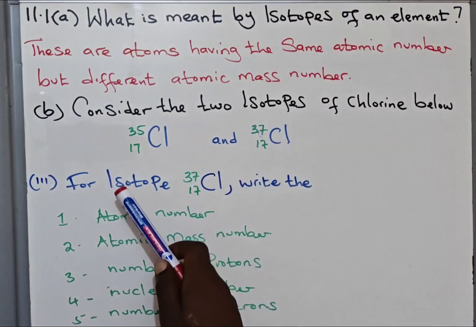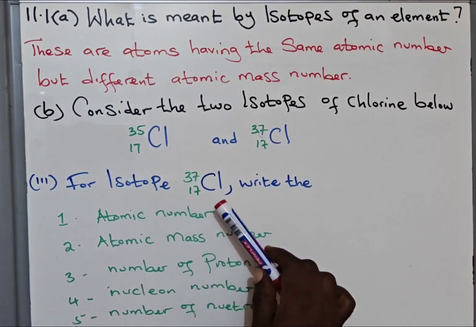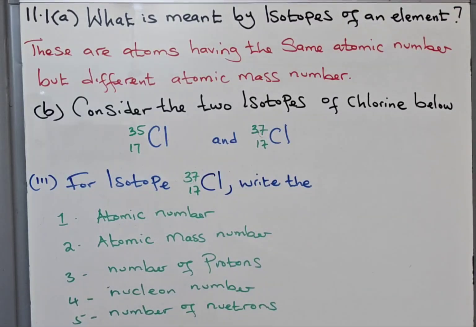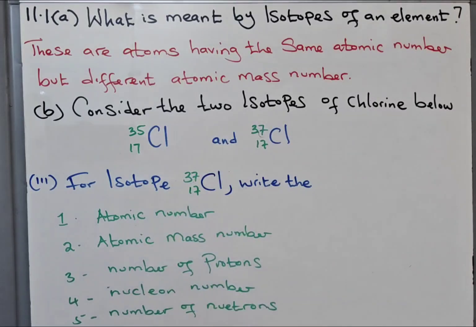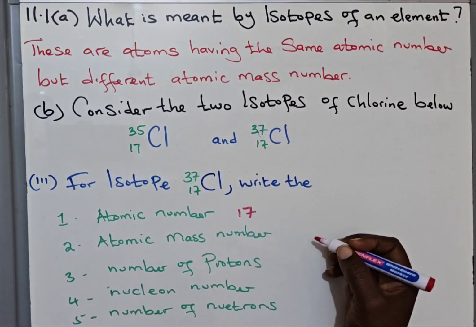Then we come to this question. For this isotope, write down the atomic number. This is 17, which is the atomic number. Then the atomic mass number is 37. Then the number of protons is the same as the atomic number, so it is 17.